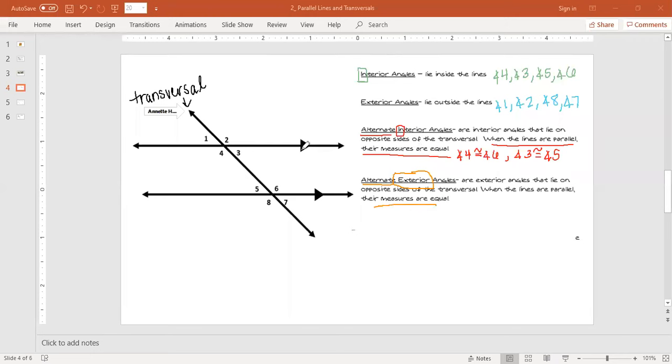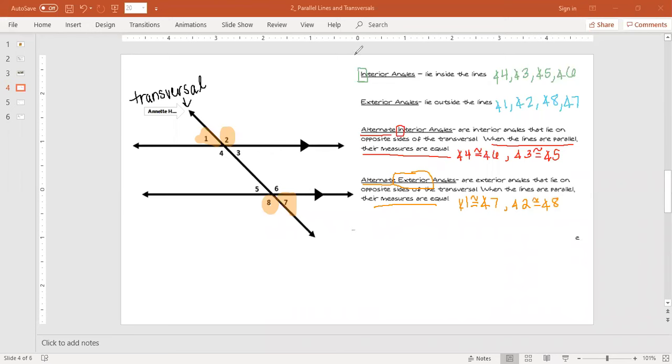So angle 1 would be alternate exterior to angle 7. All right, think about what the other alternate exterior angle pair would be. If you said 2 and 8, you're exactly right. So we can write this down as angle 1 is congruent to angle 7, and angle 2 is congruent to angle 8 because they are alternate interior angles.